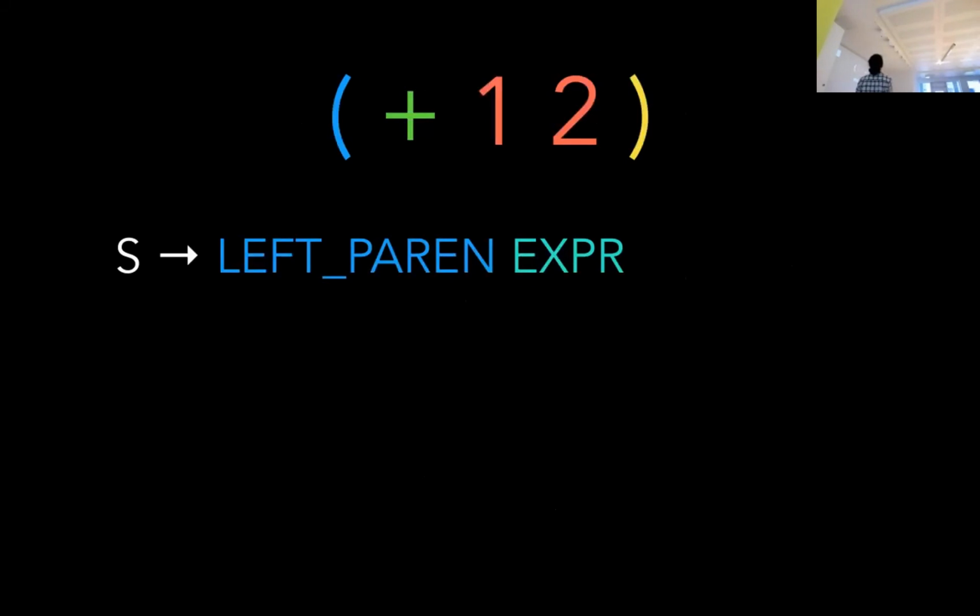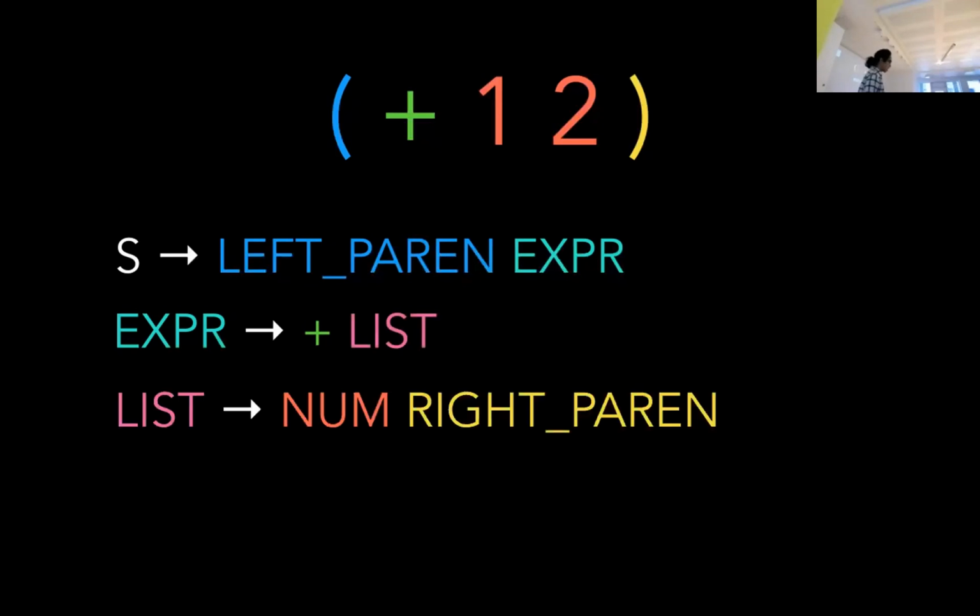So the start symbol goes from a left parenthesis to an expression, and the expression can evaluate to a plus or a list, or to a plus and a list. And the list evaluates to a number and a right paren, and the number evaluates to an actual number, which is 1 or 2.